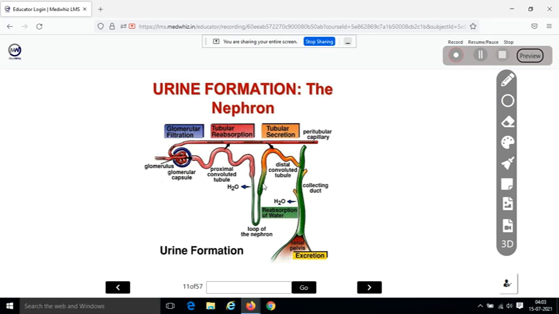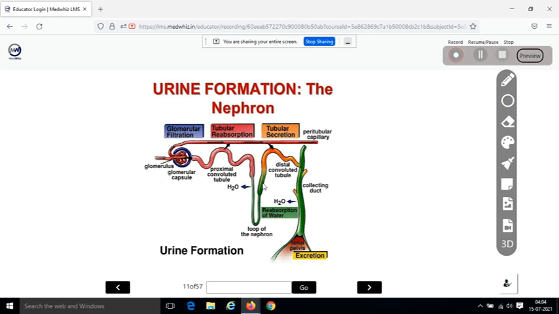Since the sodium potassium ATPase is also pumping potassium into the cell, this results in back diffusion of potassium into the tubular lumen, which creates a positive electrical potential in the lumen.